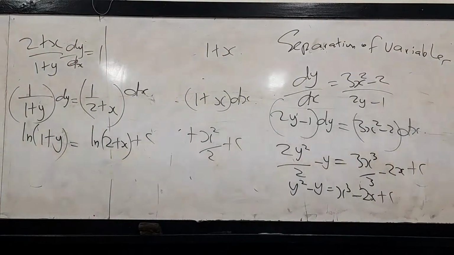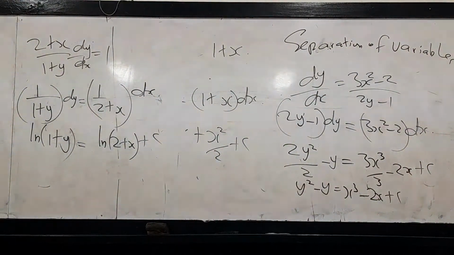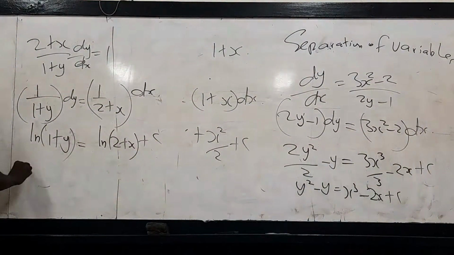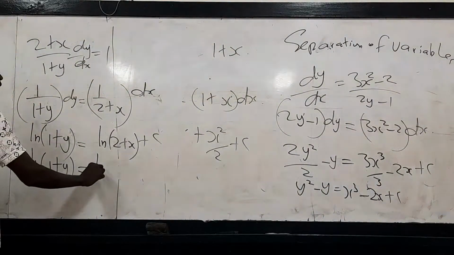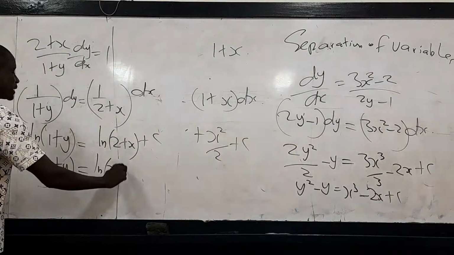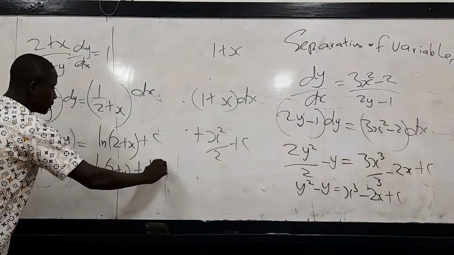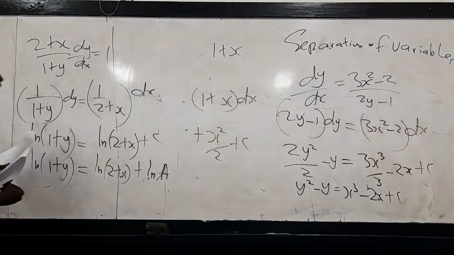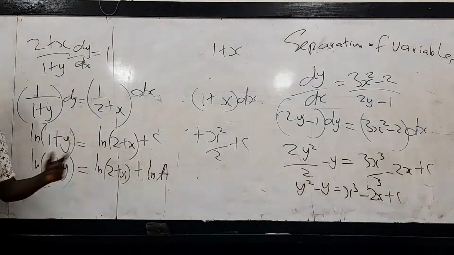But interestingly, anytime you're doing something like this, and you have ln here, sometimes this constant, we can describe it as ln A, okay? So I'm having ln(1 plus y) is equal to ln(2 plus x) plus ln A. Like this. What an interesting thing, that is mathematics, is that okay? We write ln A on condition that we have ln here and ln here.